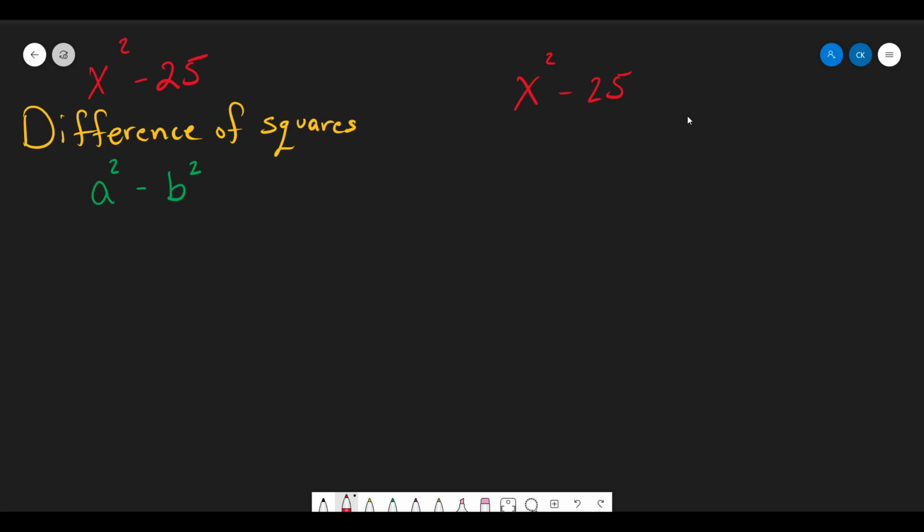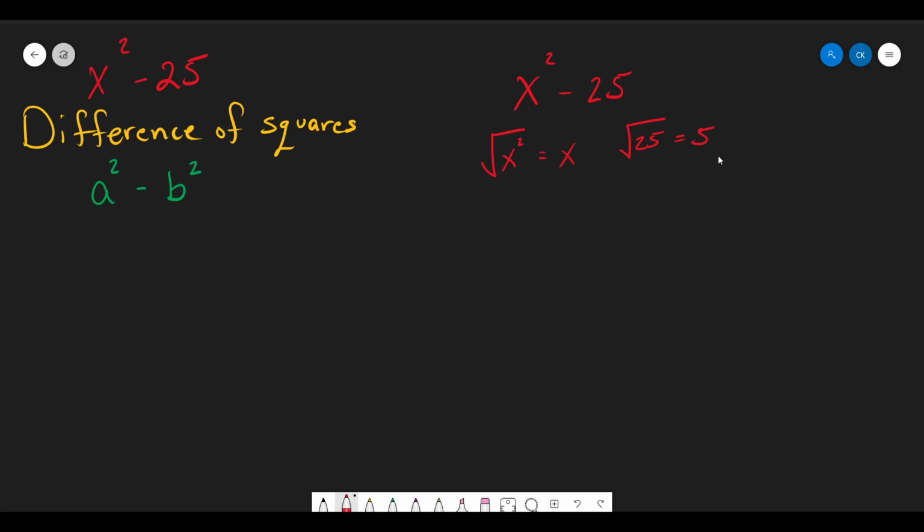If we remember back to what we were doing in chapter 10, which we did on virtual learning, the square root of x squared is x. Then we take the square root of the second term, the 25. The square root of 25 is 5. So I have my x and I have my 5.